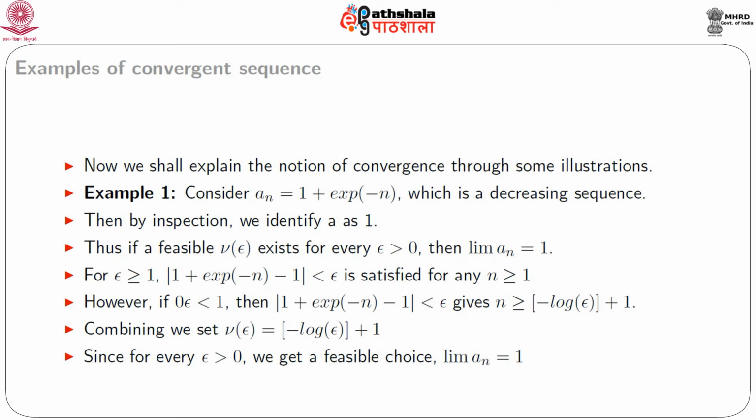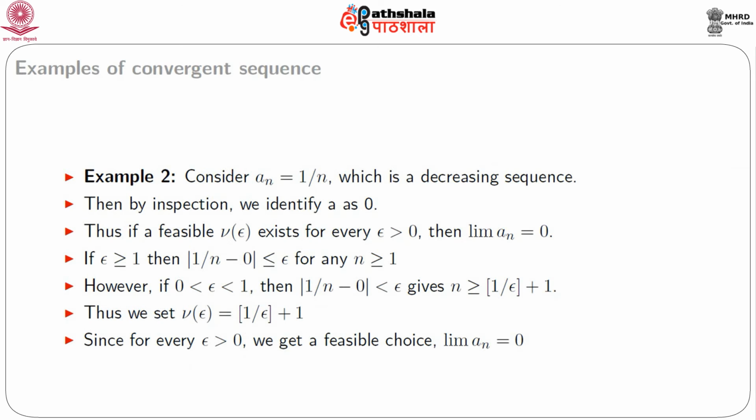So we get a positive integer nu epsilon, which is the box of minus log epsilon plus 1 in this case, and therefore, since for every epsilon greater than 0 we get a feasible choice, we find that the limit of a_n exists and is equal to 1.